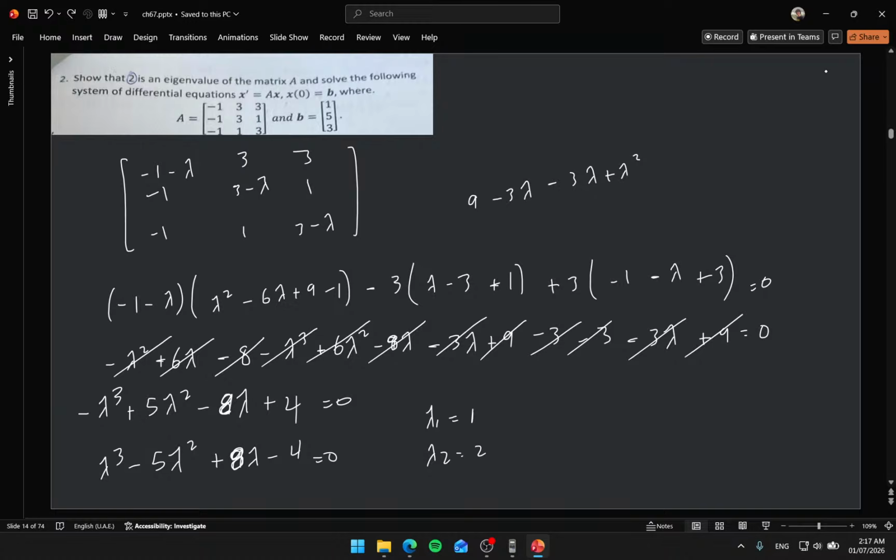So this is 1, negative 5, 8, negative 4. This is lambda minus 1, so this is 1. We bring down this 1. 1 times 1 is 1. Oh wait, we divide? No, not divide.